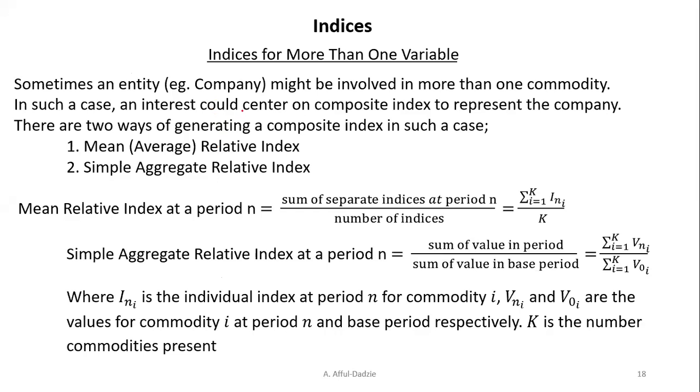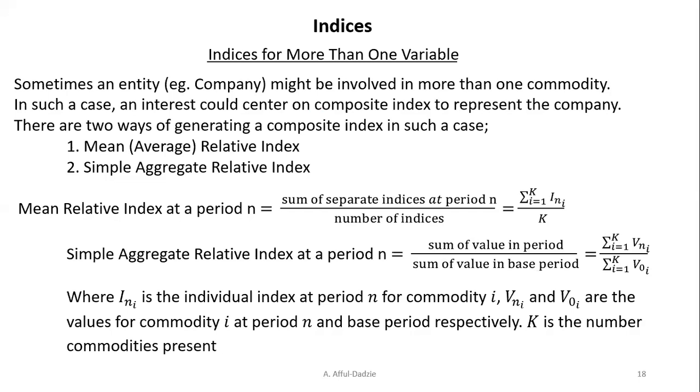All right, so let's look at the case when we are interested in finding the indices of more than one variable. Suppose that I have 1 or 2 variables or 3 over a certain period. We can find their combined indices.